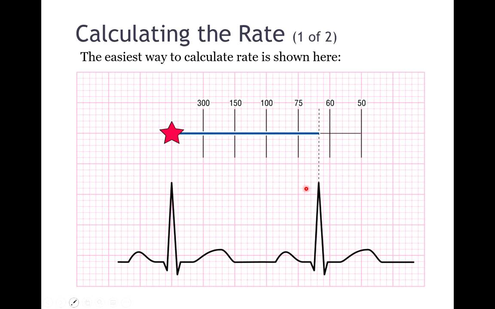Over here, 75. If it happened over here, 60. So this is telling you that this person's heart rate is somewhere between 60 and 75. In this case, it's closer to the 60, so we might estimate somewhere around perhaps 65, 68 beats per minute.